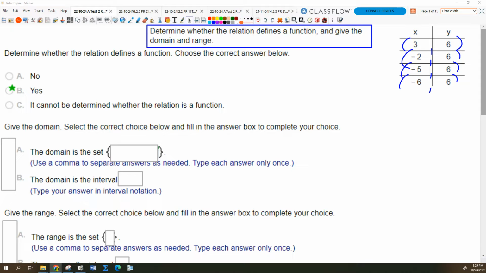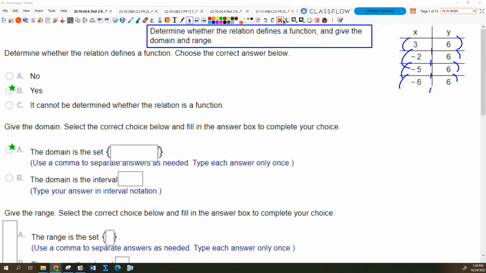An interval would be if you had a graph where there were an infinite number of numbers in the domain. So I have to define them like as all x values greater than 2 or something, right? Where I have to define them as an interval of an infinite number of values. A set is if there's a finite, countable number of specific values. So this is definitely, I have to use a set on this.